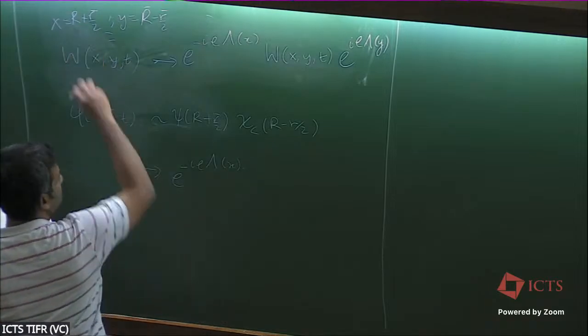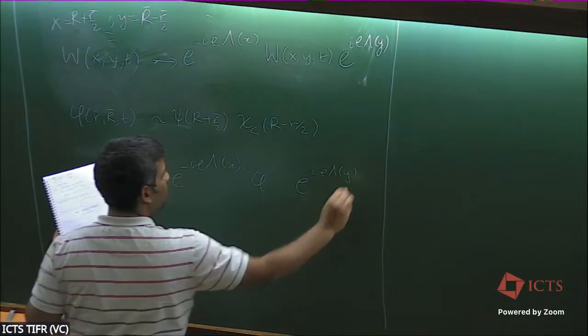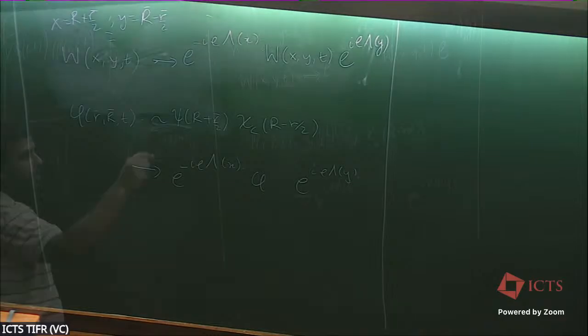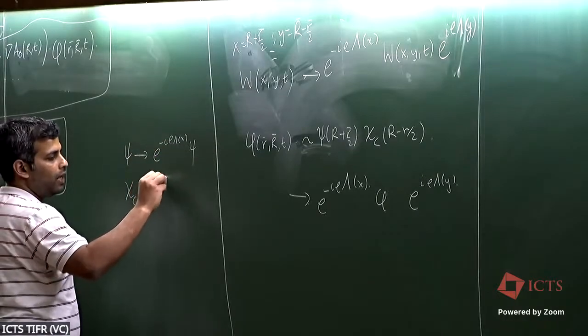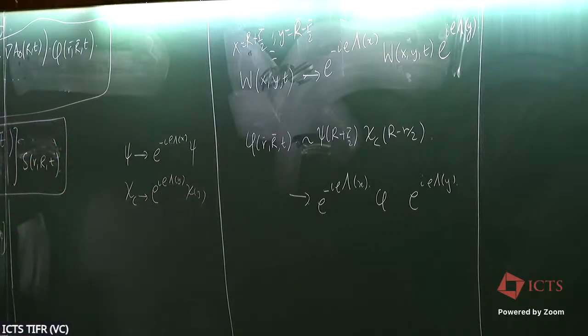So x is my phi field, e raised to i e lambda y. Okay. So my particle transforms, I mean, you have to use the fact that psi transforms as e raised to minus i e lambda x psi. Psi c would transform as replacing e with minus e, that is what we wrote. So e raised to i e lambda y psi y. Okay, this is the point. This is what we are trying to explain.